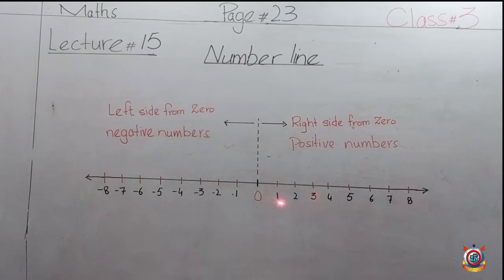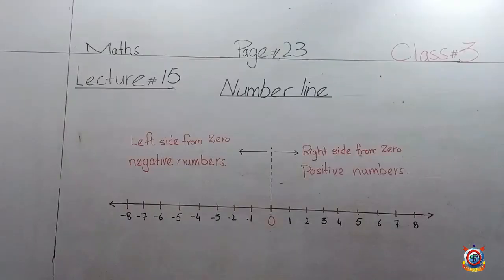It is already said they are positive numbers. Students, left side from 0 are negative numbers and right side from 0 are positive numbers, and the numbers are increasing from 0 and so on. This arrow means increasing number.